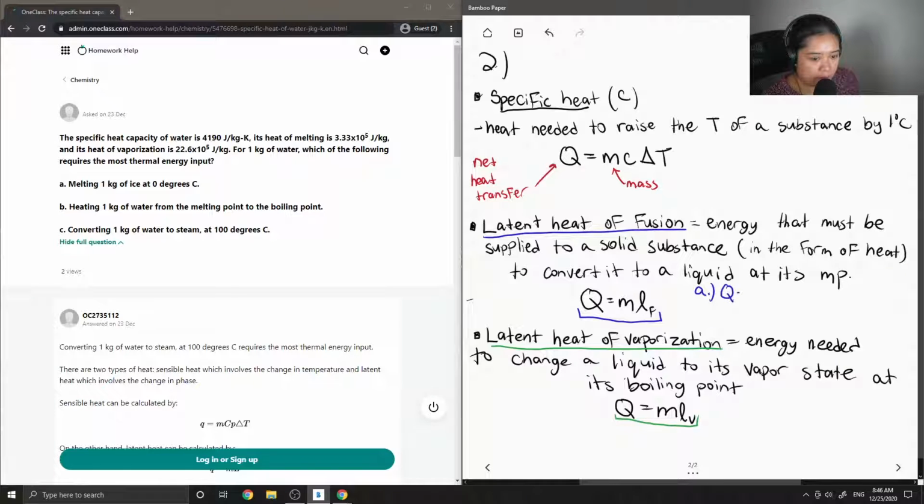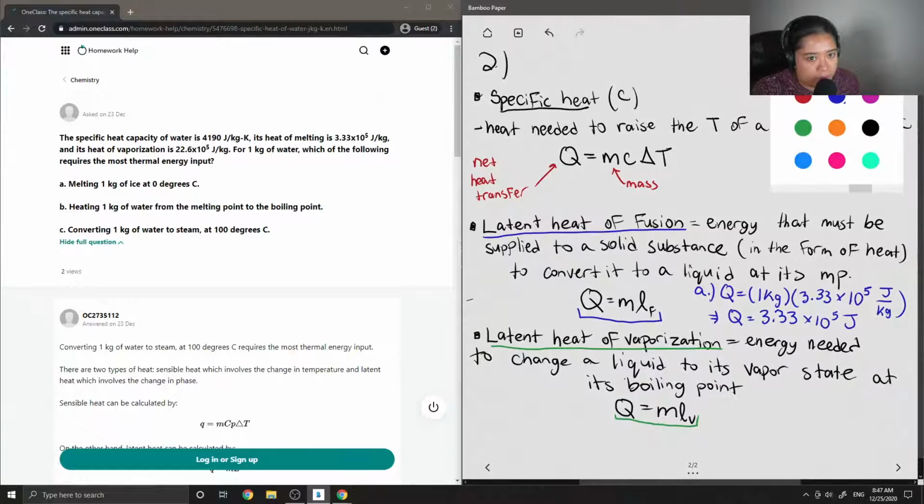So that means Q is equal to 1 kilogram, which was our mass, and the heat of melting was 3.33 times 10 to the 5 joules per kilogram. So Q is pretty much just equal to the same value, 3.33 times 10 to the 5 joules.